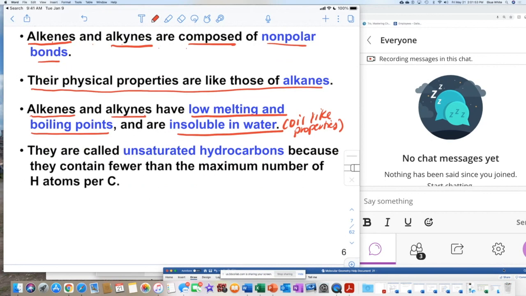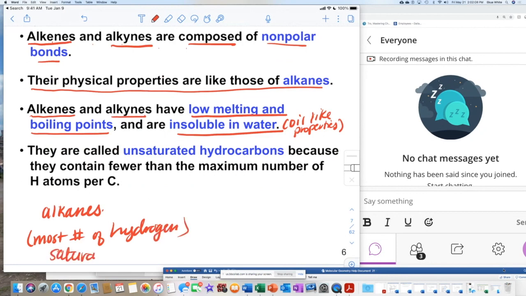Okay. Now, unlike alkane, so remember alkane has the most number of hydrogen. So here with the most numbers of hydrogen, this is called saturated. Alkenes and alkynes just don't meet, they're not able to have the maximum number of hydrogens.